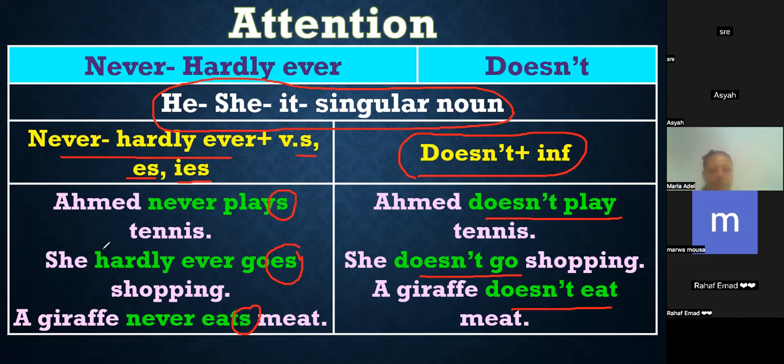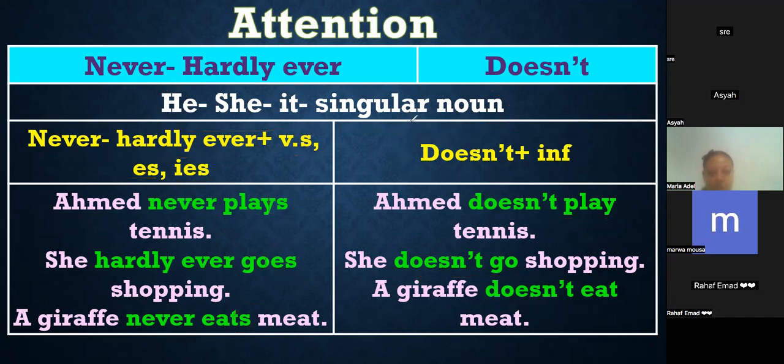Don't put the verb in the infinitive form. With doesn't, as we usually do, we put the verb in the infinitive form. Okay, great.